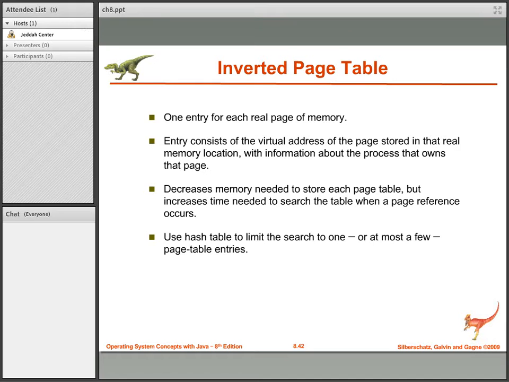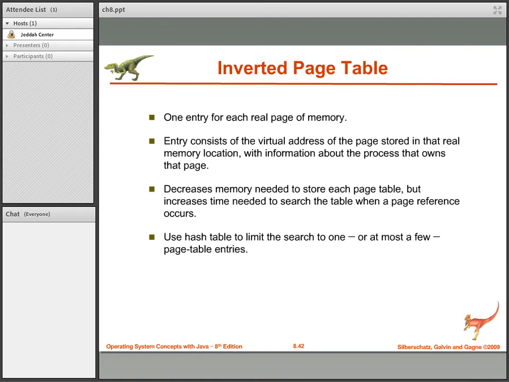So again, we are concentrating to start with at the physical memory location with the information about the process that owns that page. So you have information on which process originally led to that storage in the physical memory.